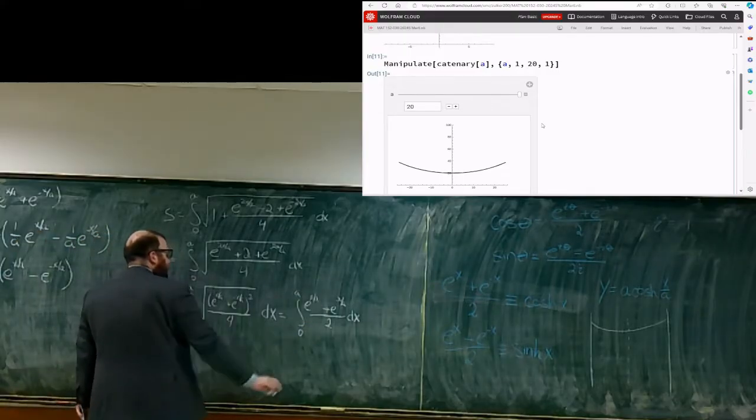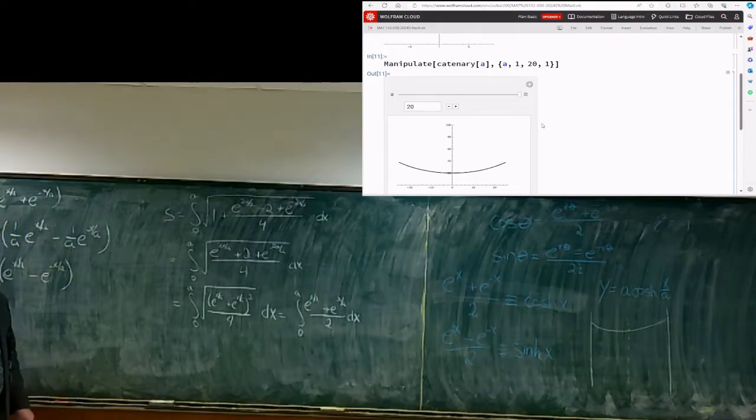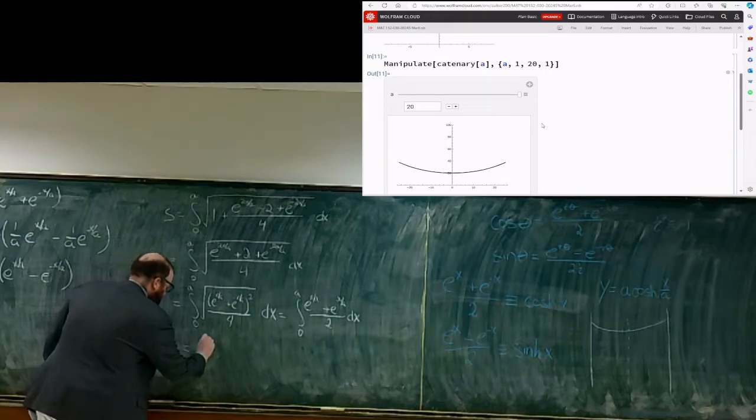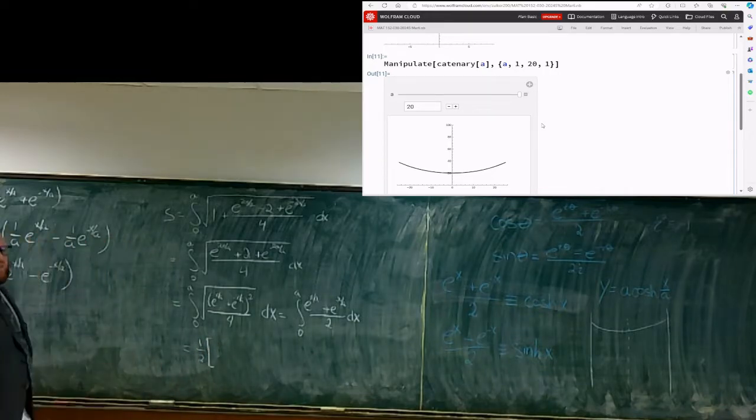Antiderivative of e to the x over a. Is it a times e to the x over a?